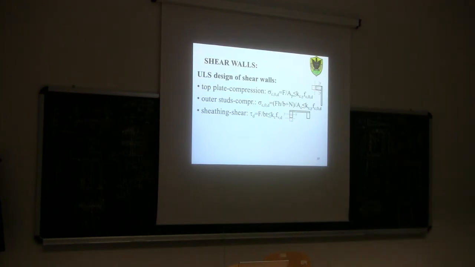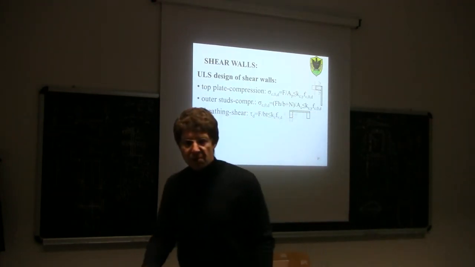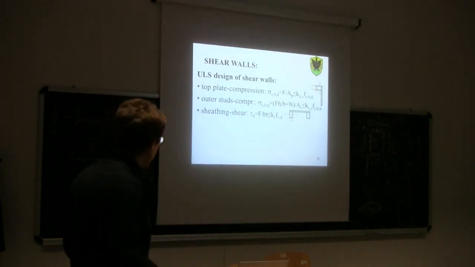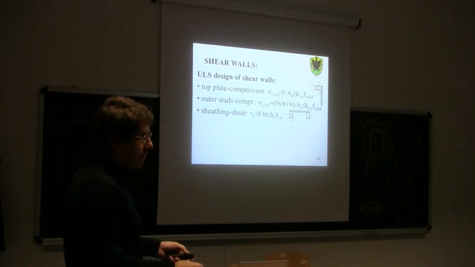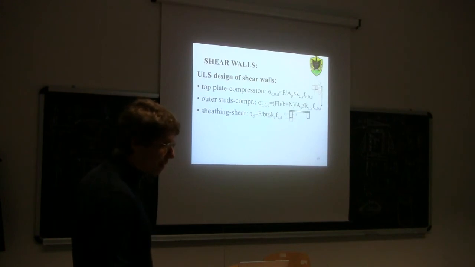Okay? So now you can understand that there is an important function of the inner stud. The inner stud, of course, is needed to transfer the vertical load, but it is also needed under horizontal forces to reduce the effective length for plate buckling of the sheathing itself.